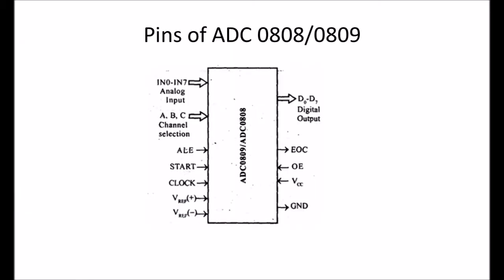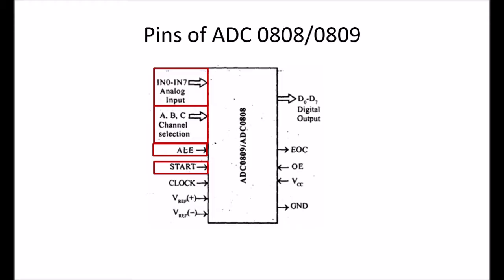So let us go over all the important signals of this ADC IC. It has 8 analog channels. Then to select a particular channel, it has address lines A, B and C. Then the address latch enable signal is there to latch the address of the particular channel. Then the start of conversion signal starts the conversion of analog into digital.